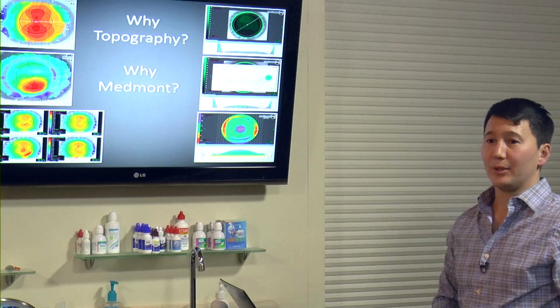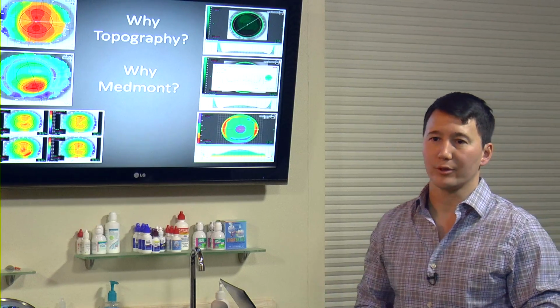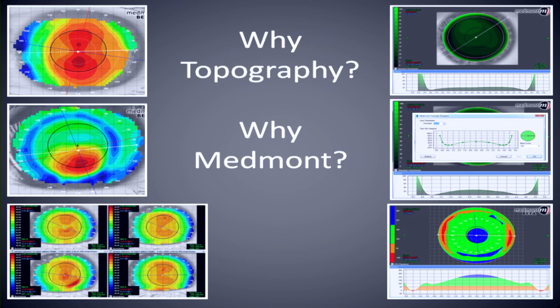So question might be, why would you get a MedMont versus another topographer? There's a bunch of great topographers out there. What's the advantage of a MedMont? It's very contact lens specific. That's where its focus is. It doesn't measure pachymetry. It doesn't measure posterior surface shape. It's not a surgically oriented instrument. Does it help you design GP lenses, and is it accurate?